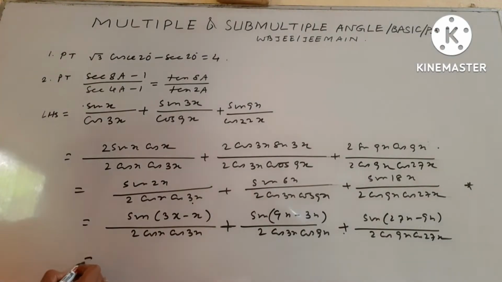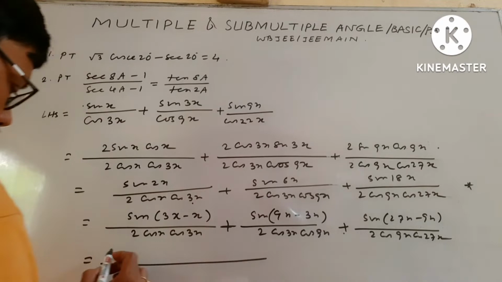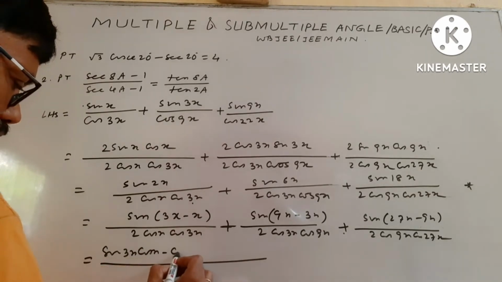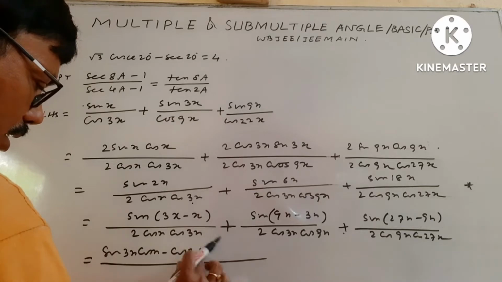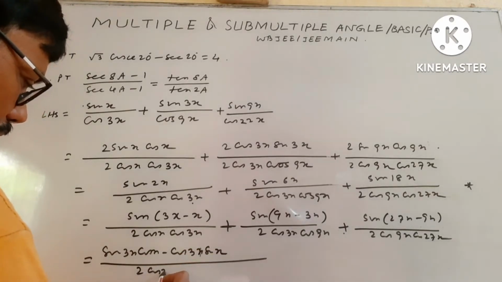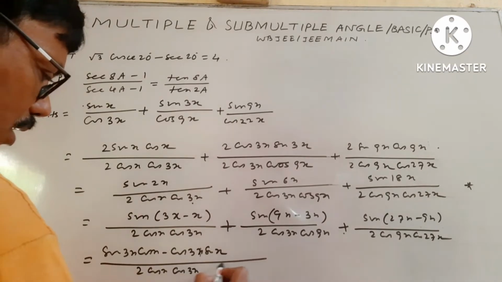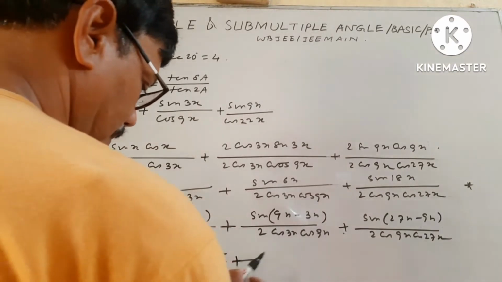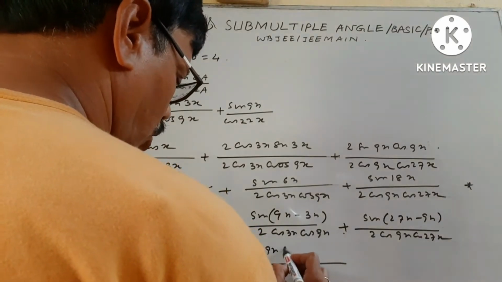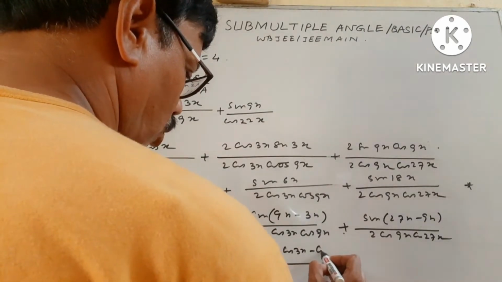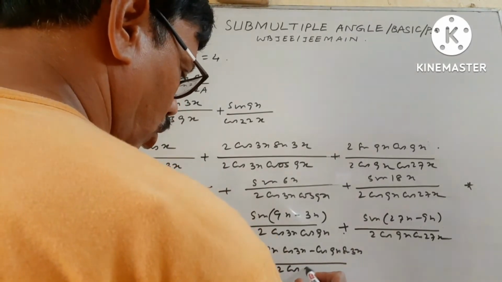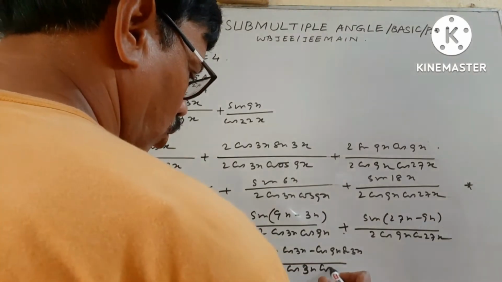So now, what is the formula of sin A minus B? Sin 3x cos x minus cos 3x sin x, by 2 cos x cos 3x, plus sin 9x cos 3x minus cos 9x sin 3x, by 2 cos 3x cos 9x.